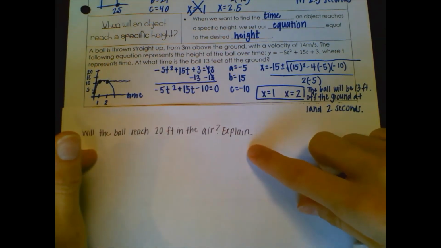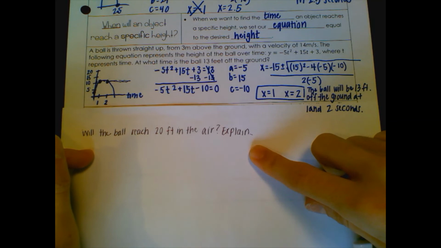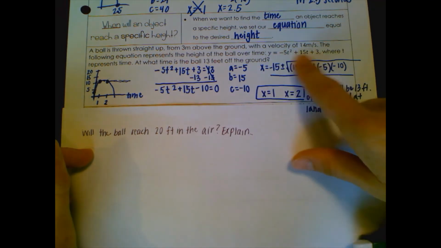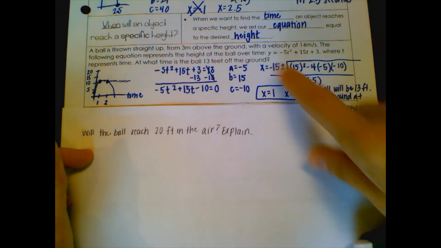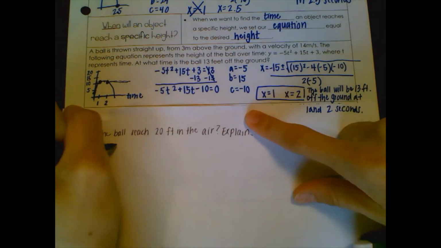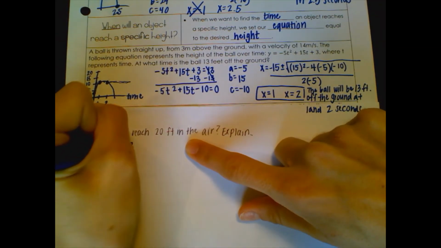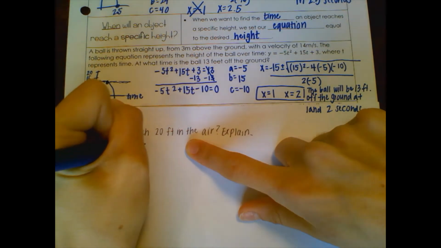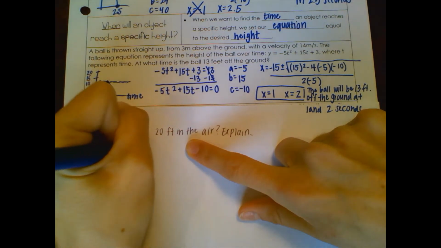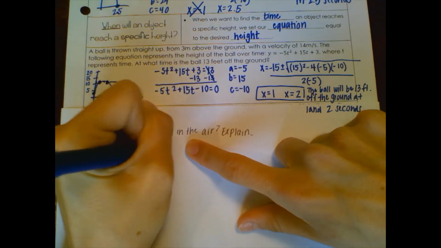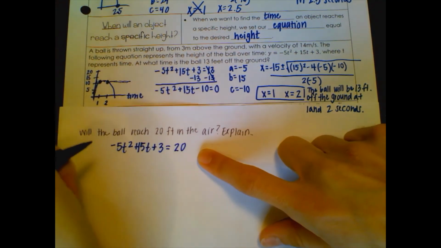Okay, so then the second part of the question here, will the ball reach 20 feet in the air? Explain. So now I need to take this original quadratic. Remember, 20 feet in the air is talking about the y. So I'm going to replace my y. So I have -5t squared plus 15t plus 3 is now equal to 20.